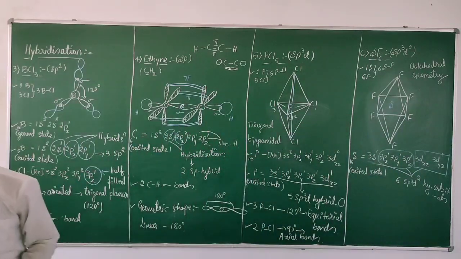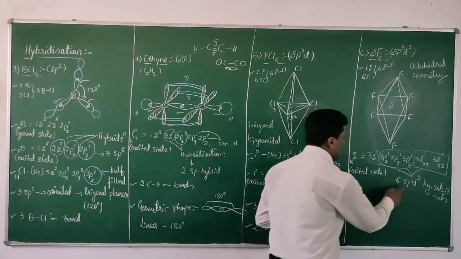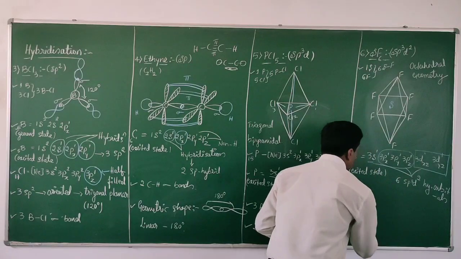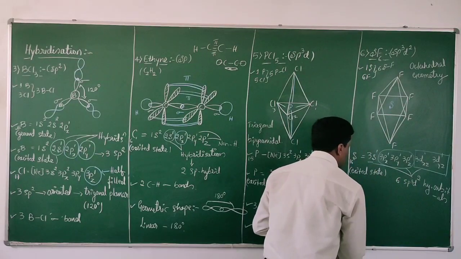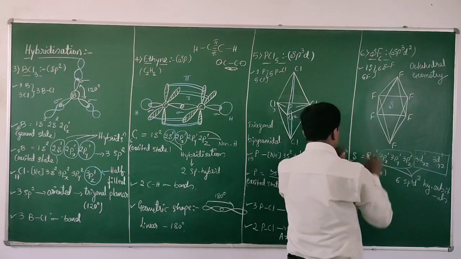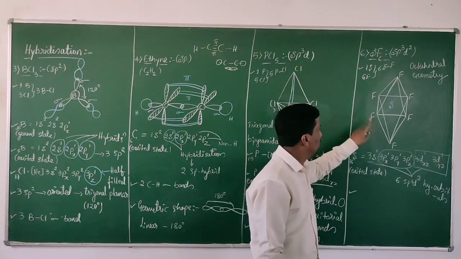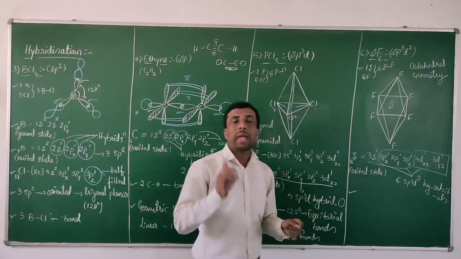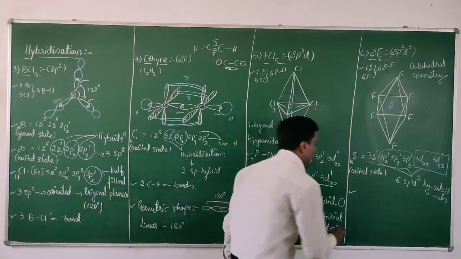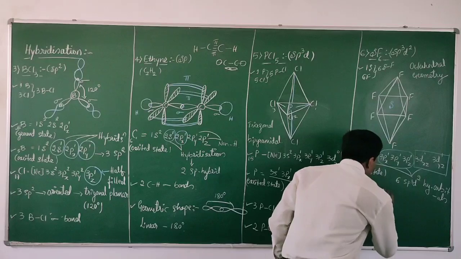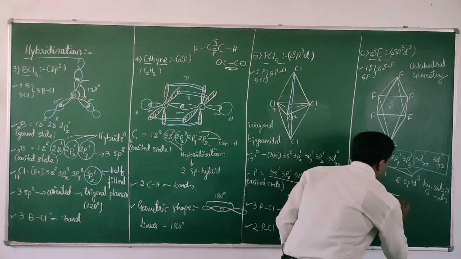With these 6 sp3d2 hybrid orbitals, the half-filled 2pz orbitals of fluorine undergo axial overlapping to make 6 SF sigma bonds.